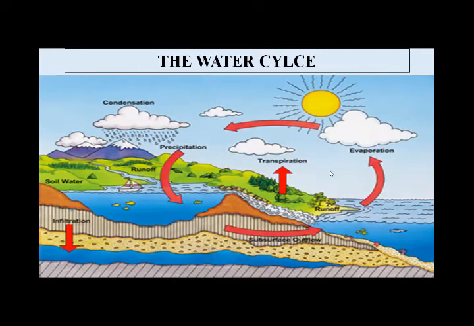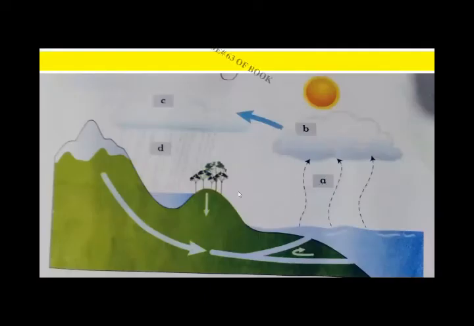Okay, students. Now, you can see also this picture on page number 63 in your book. It is the diagram of the water cycle. And in this picture, you can see that it is recycled over and over again in the form of rain, snow, or ice, changing from rain to water vapors to clouds and rain again.